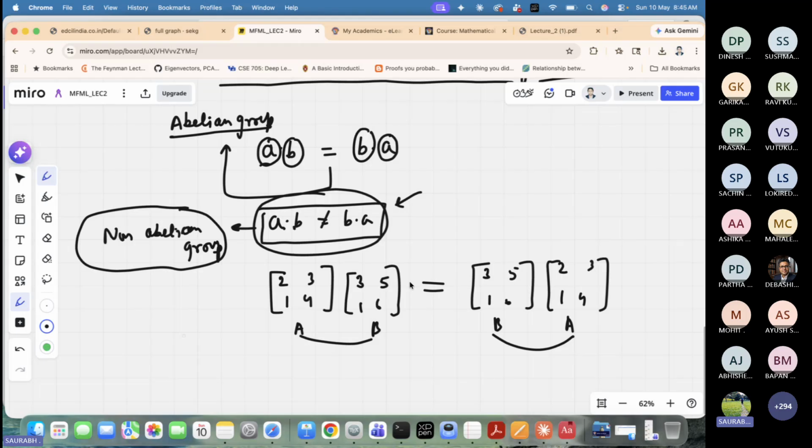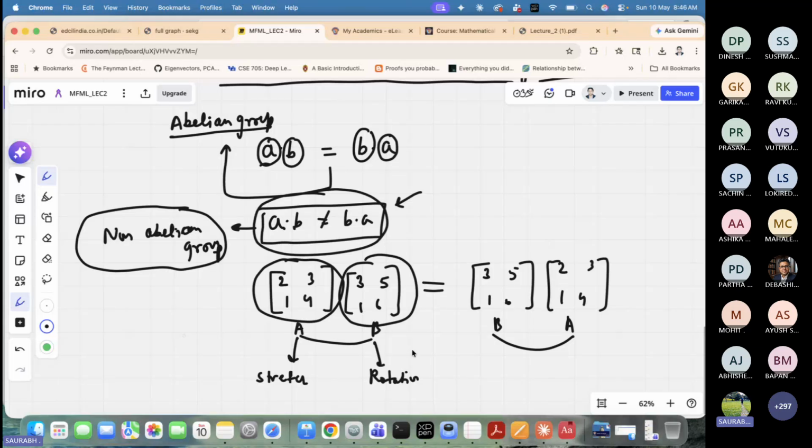The answer is no. Reason being, you already know that every matrix does a different type of transformation. In the first class, I told you a matrix can do shearing, rotation, stretching, right? For example, let's think of A does some stretching, and B does rotation.